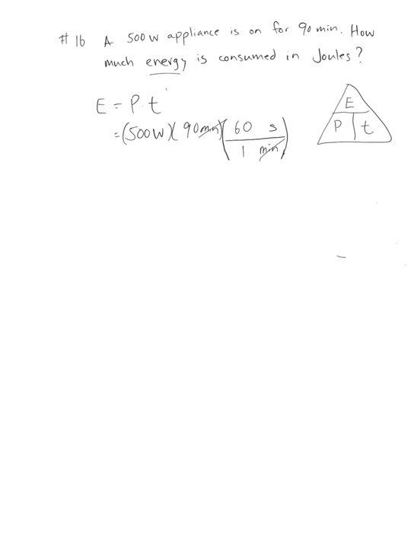And so we're left with 500 watts times 90 times 60 seconds divided by 1. Okay, so to solve it, you just multiply everything on the top, 500 times 90 times 60, and then divide by whatever's on the bottom, divided by 1.